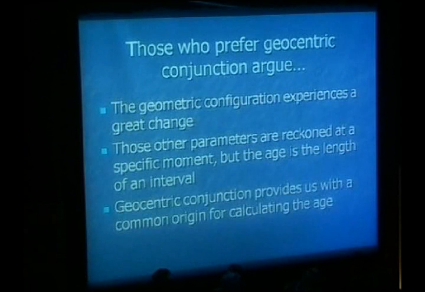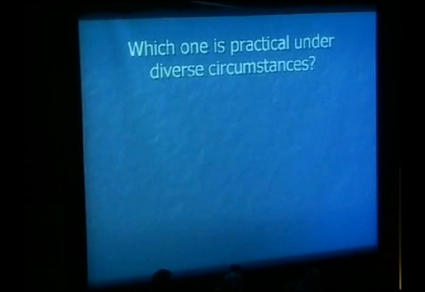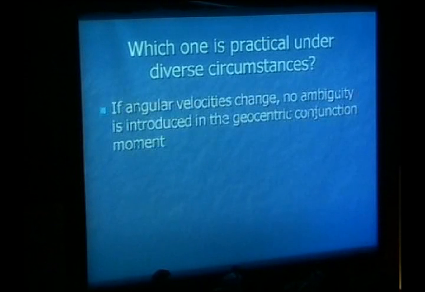And geocentric conjunction provides us with a common origin for calculating the age. It's a common basis. So the question is, which one, the geocentric or topocentric age, is practical under diverse circumstances?